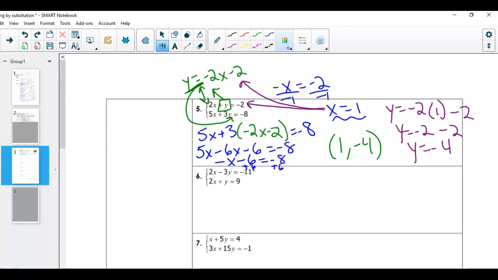Really quickly, as a side note, let's say you didn't want to choose that y just because, for whatever reason. You could have chosen the 2x in that same equation or anything else. Let's say you really wanted to solve for x in that first one instead of y, which is fine.